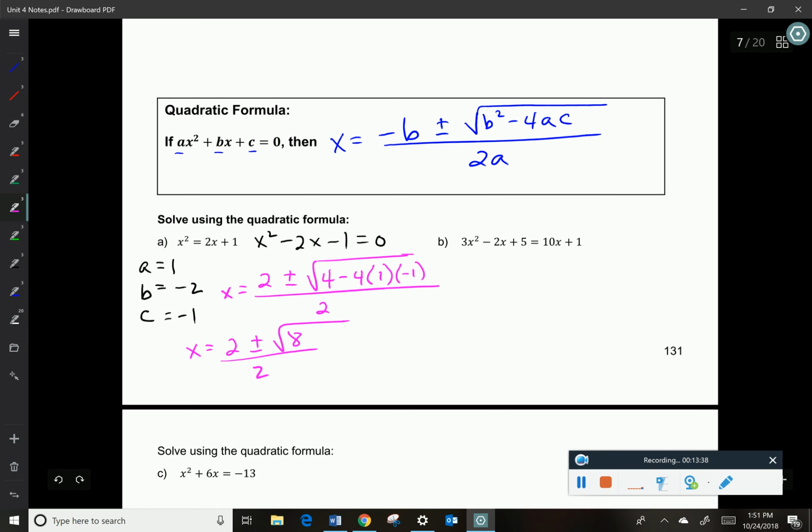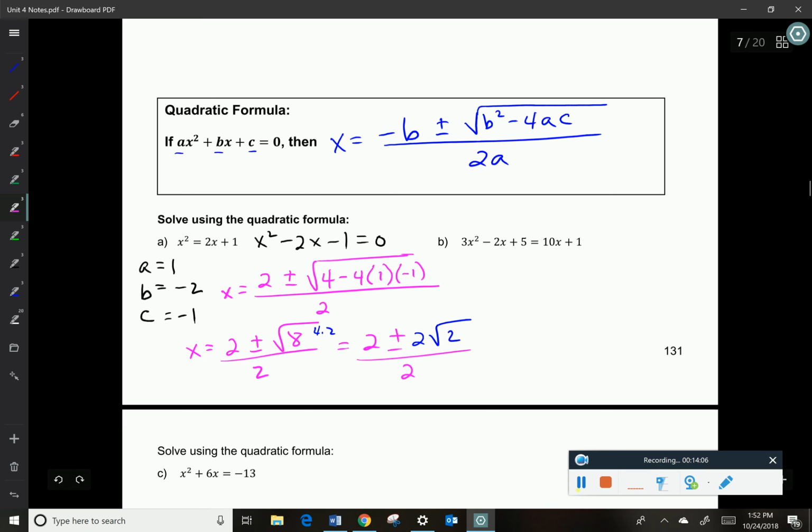And then simplify that square root, right? So I'm going to say 2 plus or minus. If you think of that 8 as being 4 times 2, then the square root of 4 is 2. Couldn't you bring a 2 out and then still have a square root of 2 underneath? I'm hoping you remember simplifying your square roots from Mr. Cunningham. If you don't remember, I'm going to tell on you. And then that's all over 2. Right?